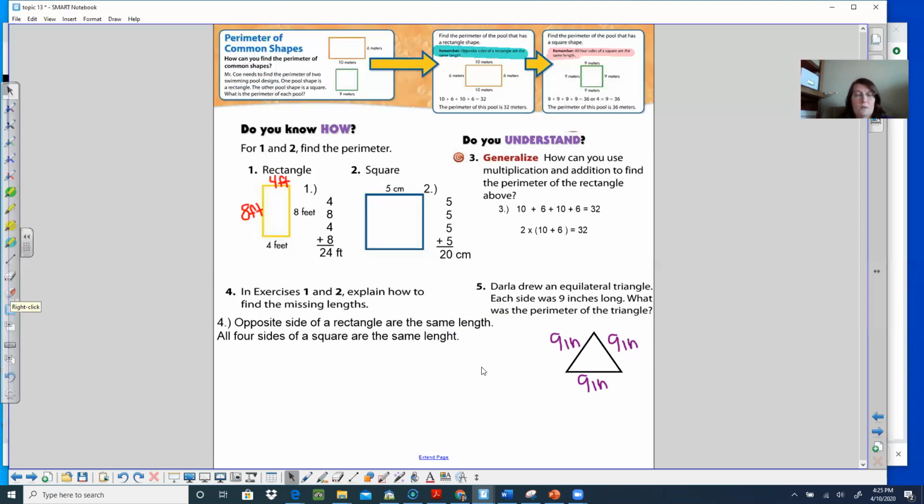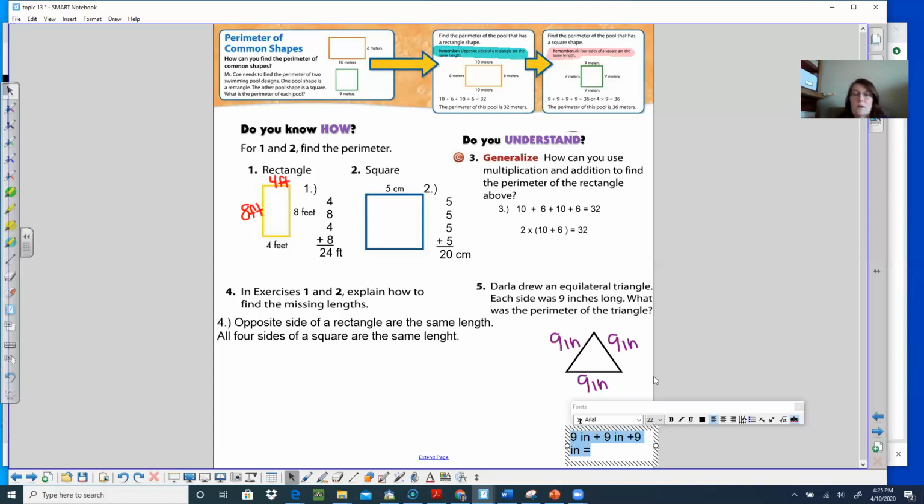So I'm going to type that one just because it's neater. So 9 in plus 9 in plus 9 in equals, oops, let's put a space there. And let's make it bigger because that's so little that would make my eyeballs hurt.